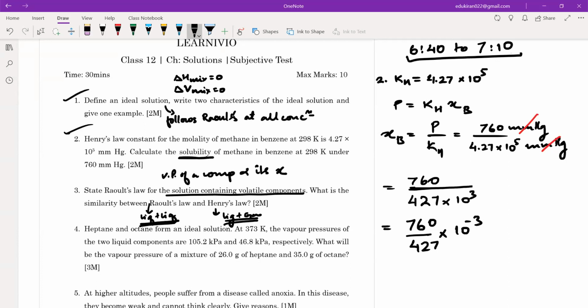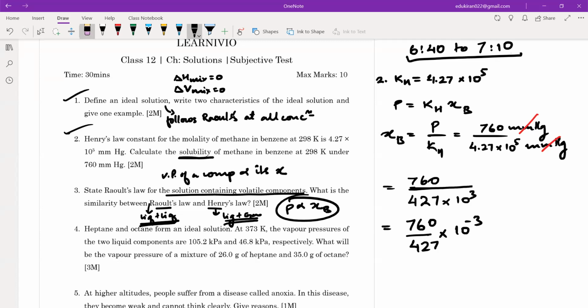Both of these are fluids, that means they can flow. If something can flow, that means they are volatile. That means Raoult's law and Henry's law both are applicable to volatile components. That is the first similarity. Second similarity is that both laws say that pressure is directly proportional to the mole fraction. So these are the two similarities between Raoult's law and Henry's law.